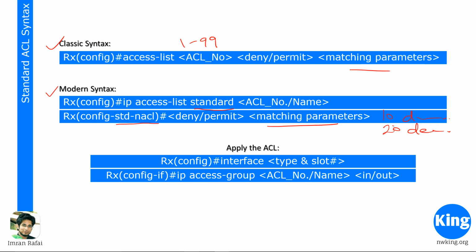So if you want something to come in between 10 and 20, you could manually put a sequence number 15 and say deny, and that is going to come in between. Or you can just say delete 20. You have 30, 40, 50. You can say delete 20, this line gets deleted, and you can add another 20. So there are different ways of editing using the modern syntax, which is not available in the classic syntax.